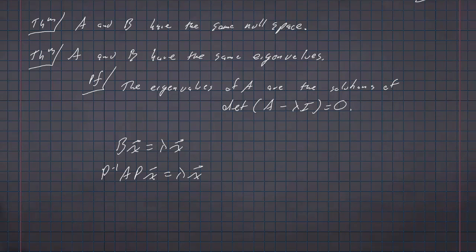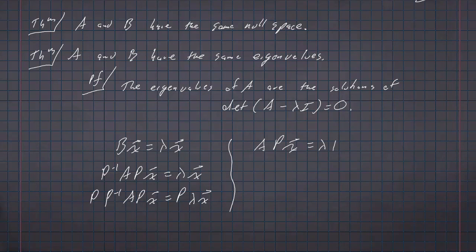And I can multiply both sides of this equation by matrix P. On the left-hand side, P times P inverse is the identity matrix. So we're left there with just A times P times x. And on the right-hand side, that scalar can go anywhere. So I can write that as lambda times P times x.